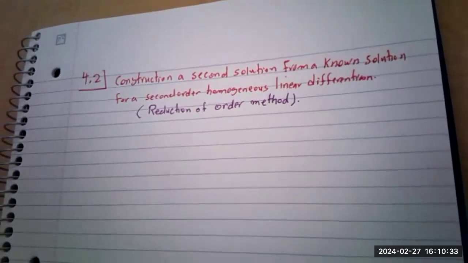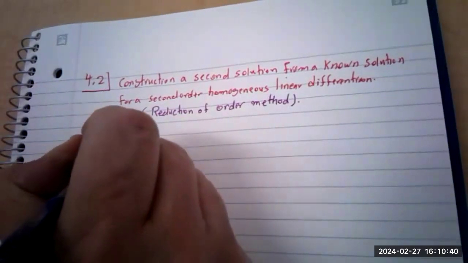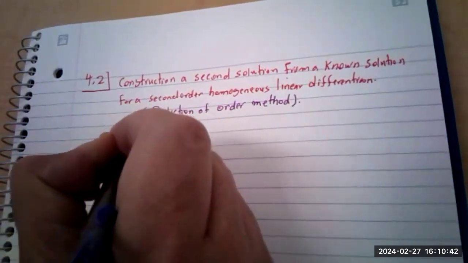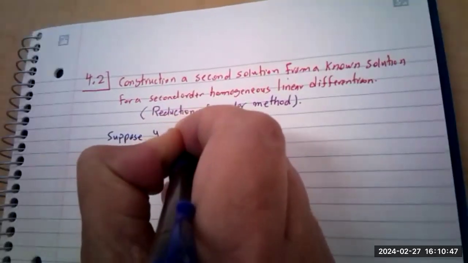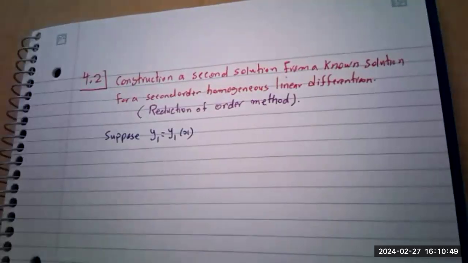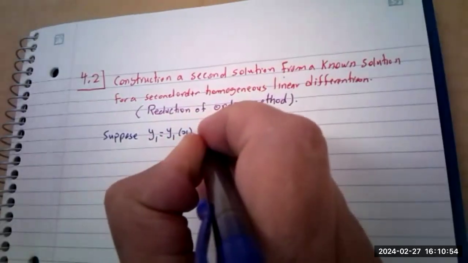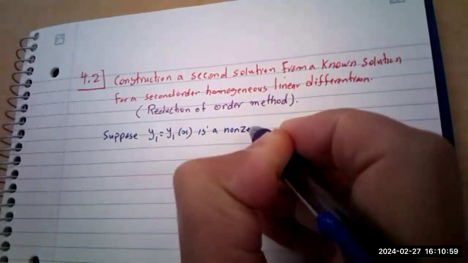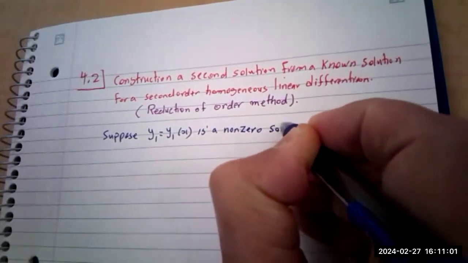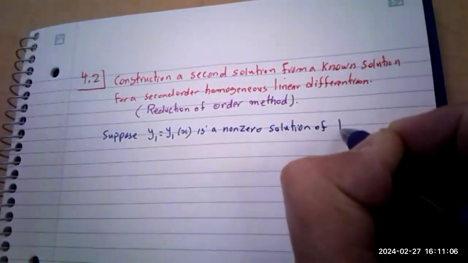So what's the problem? The problem is you give me one of these homogeneous equations. So suppose we have one solution, y1, which is of course a function of x, a given non-zero solution of the homogeneous differential equation.